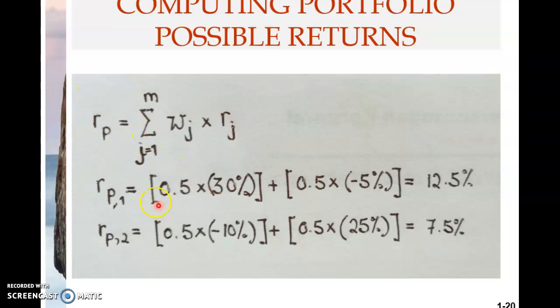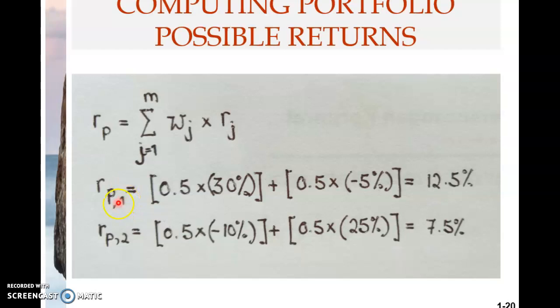So 50% of the investment will be in stock A. Stock A's return will be 30% if there is a boom.